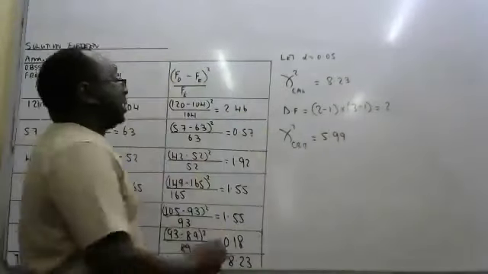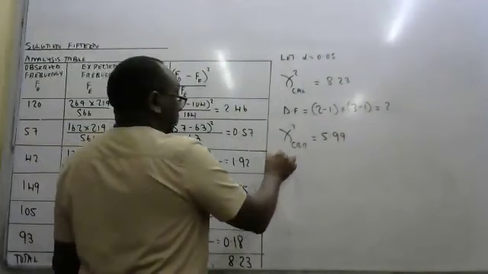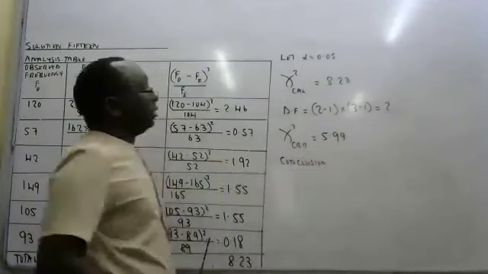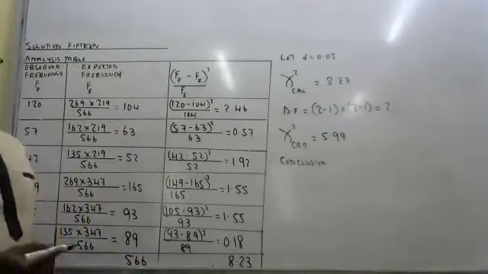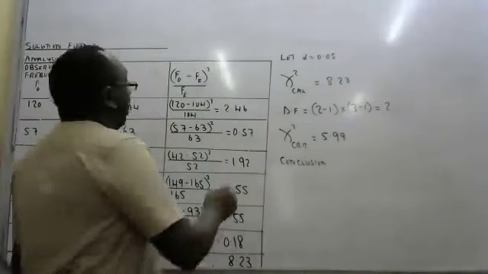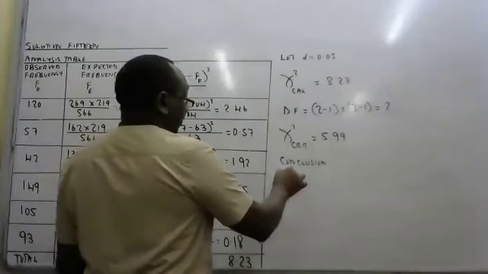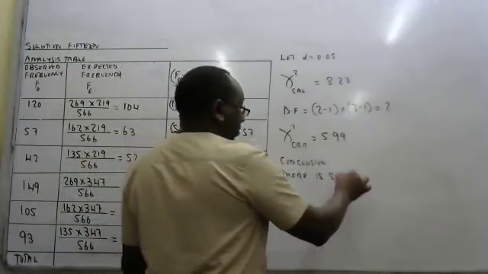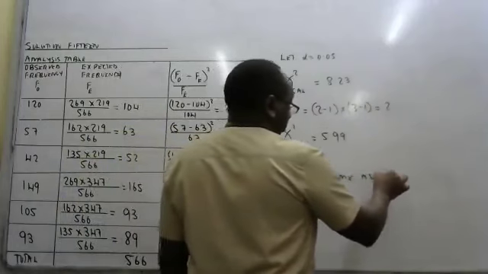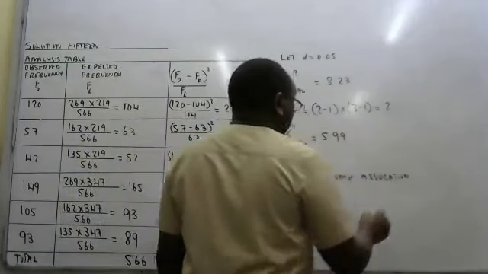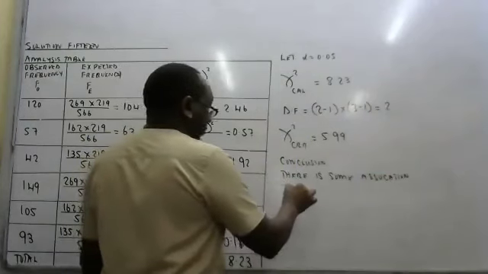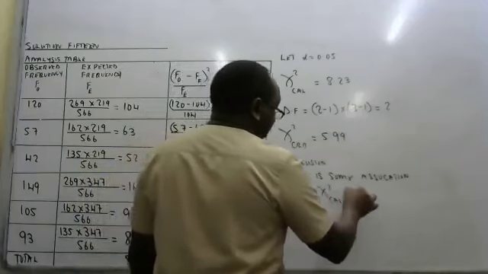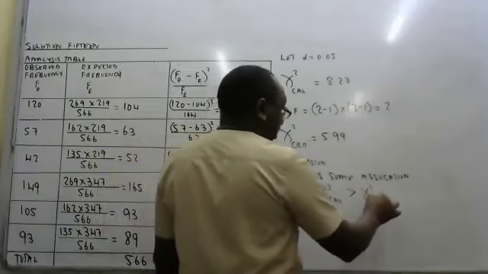Then from there you make the conclusion. The conclusion is very simple. There is some association since chi-square calculated is greater than chi-square critical.